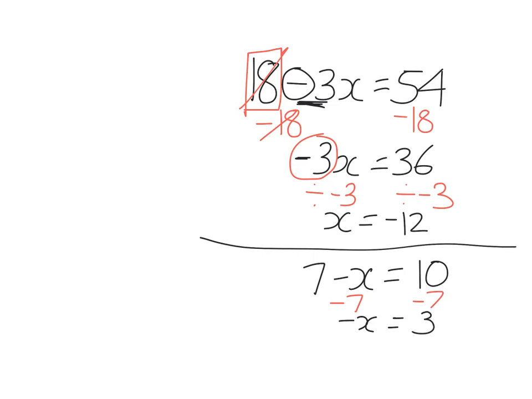If you have minus x equals 3, then what you can do is change the sign of each thing, because remember, I can do whatever I want to one side of the equation as long as I do it to the other. So if I change the sign of x, I change the sign of 3. Another way of looking at that is I've divided each side by negative 1.